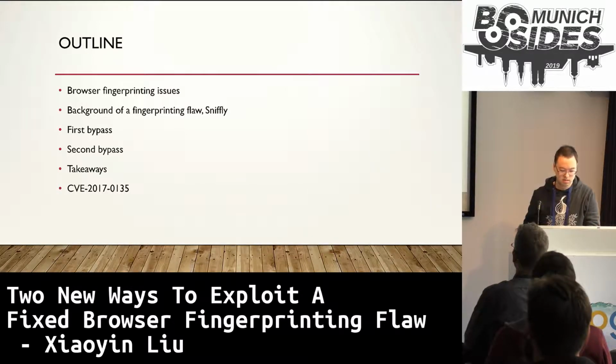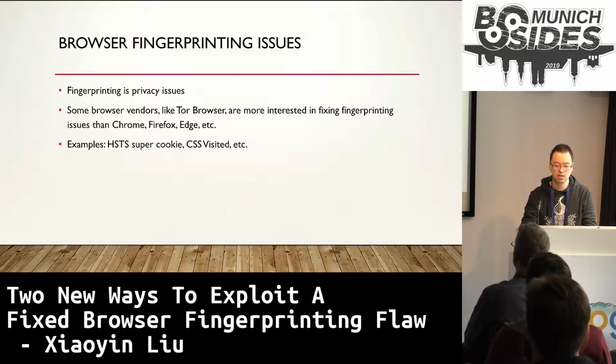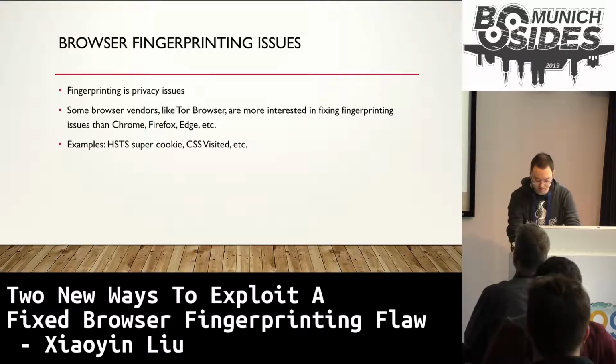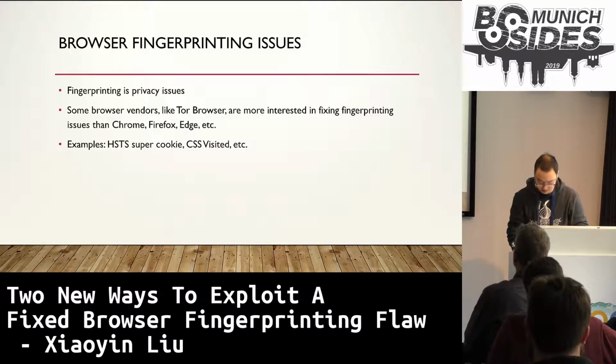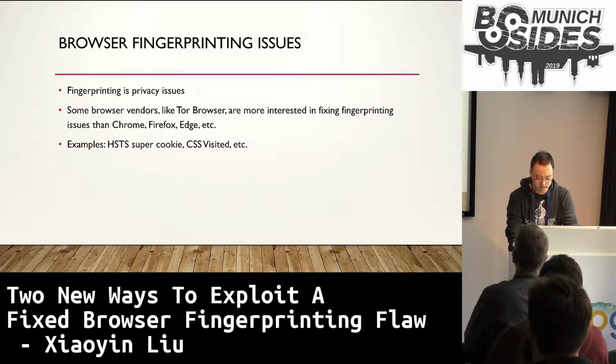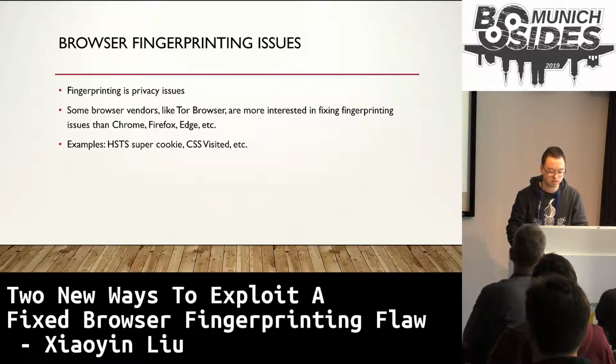First of all, let's talk about what browser fingerprinting issues are. Fingerprinting issues refer to flaws in web browsers that allow websites to track users or allow them to know some private information about users, like browsing history. This is why I think fingerprinting is a privacy issue.